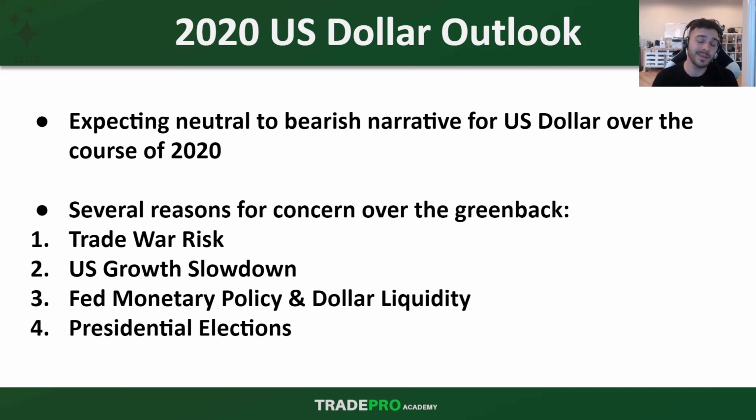Traders as well as capitalists alike are not really in favor of Elizabeth Warren and those leftist policies, as those tend to be negative towards the market and towards the economy. So, as far as presidential elections are concerned, there's definitely going to be uncertainty around the election. And obviously, with the election, there's a couple of areas to focus on.